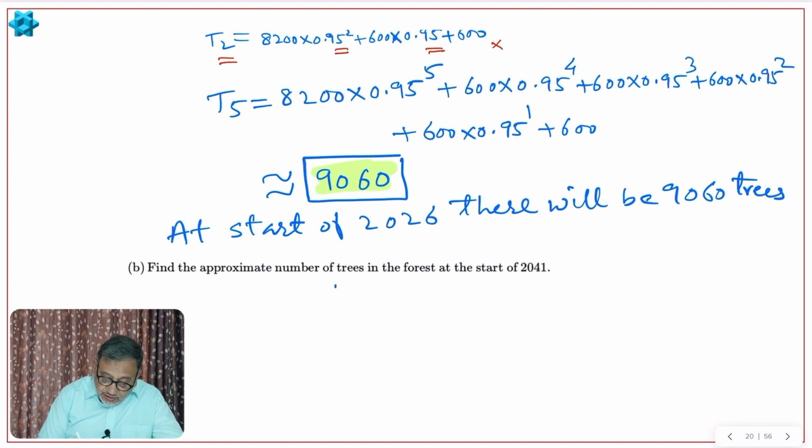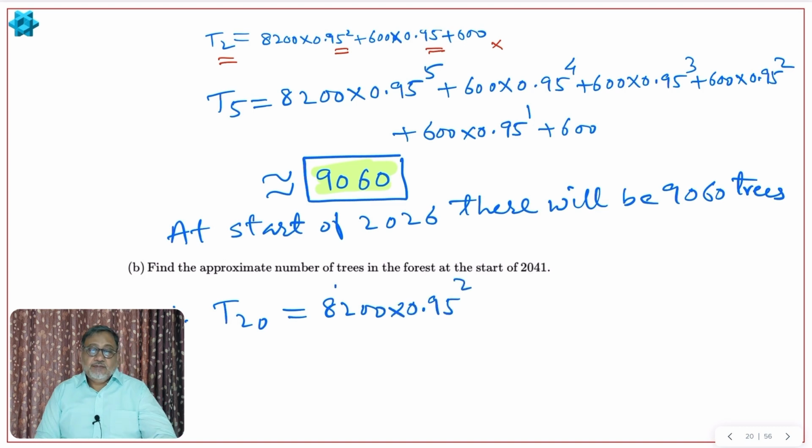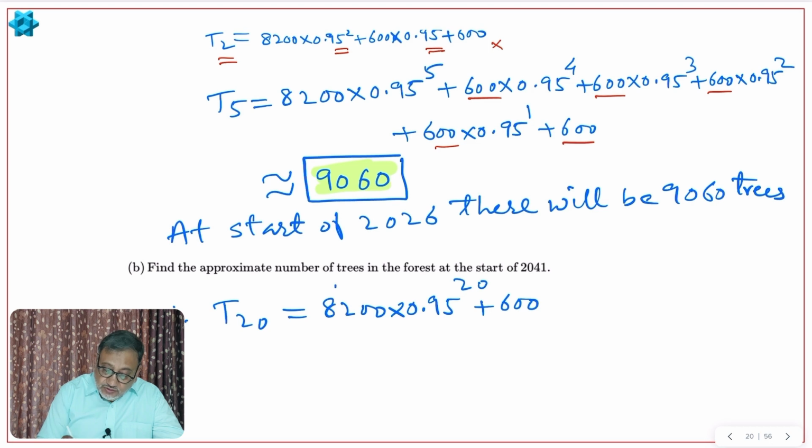Therefore T20 will be 8200 into 0.95 to the power 20. This term will be there. Then plus 600, we can take common from all these terms. See, 600 is common. So I want to use sigma notation now.